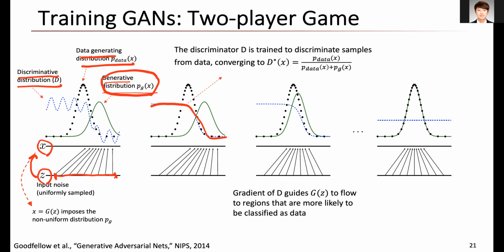By using this discriminator D as guidance, the generated distribution moves to the real data distribution, and by alternating discriminator learning and generator learning, finally we achieve consensus between the real data distribution and the generated data distribution. Then our network can sample the Gaussian-like distribution X from the uniformly distributed random noise.